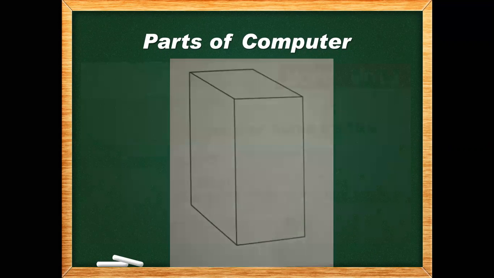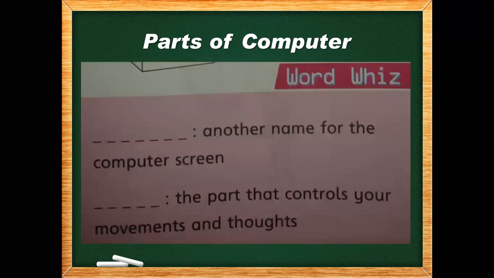So on the same page, we have one question. It's a word whiz. So what does the word whiz say? There are some words given over there. How many letters are there? It's one, two, three, four, five, six, and seven.